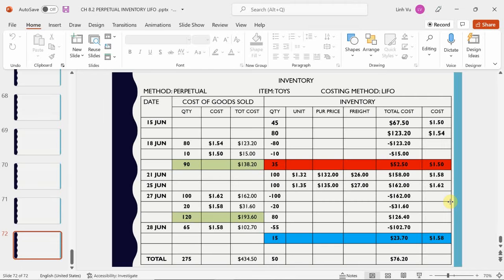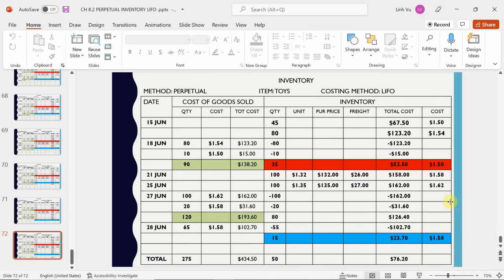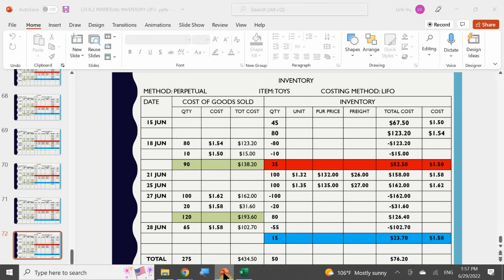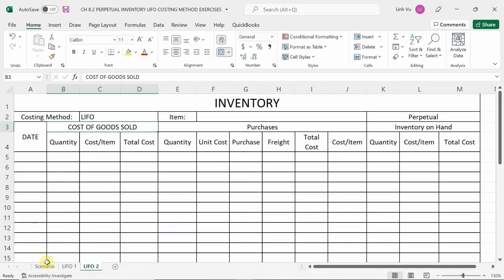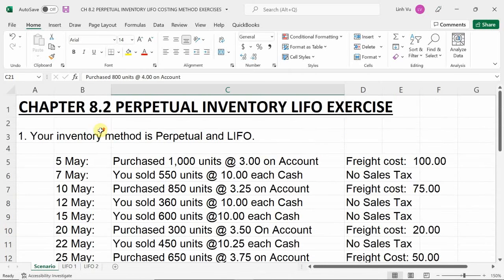Okay. So let's go ahead and dive into our exercise here. Okay. So once again, this is going to be our scenario here, right? Like I said, it's the same exact numbers. Only difference is we're calculating the cost of goods sold differently. Okay.